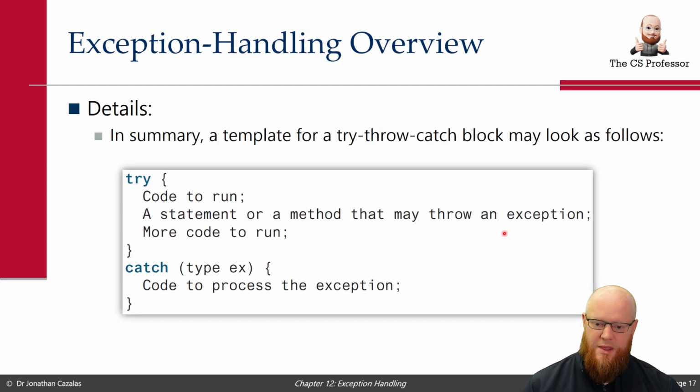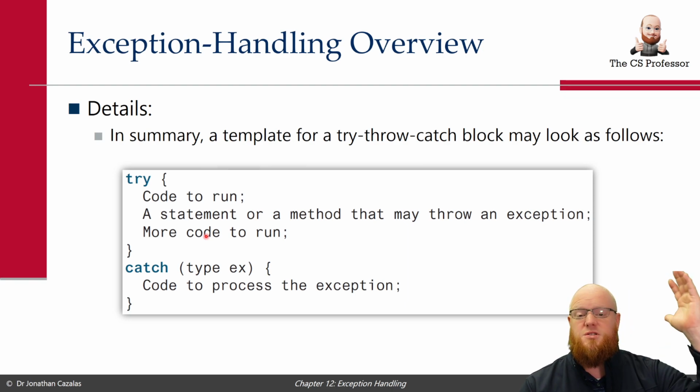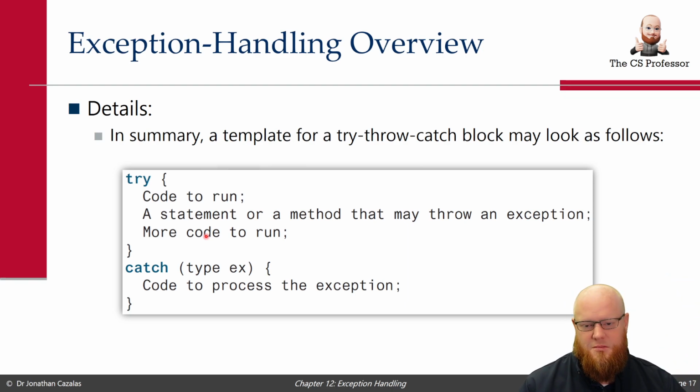So in summary, here's a template for a try, throw, catch block. We have try, we have some code we're going to run. Then we're going to have some statement or statements that may throw an exception. And then we're going to have more code to run. You might have hundreds of lines of code, maybe thousands of lines, in your try block.